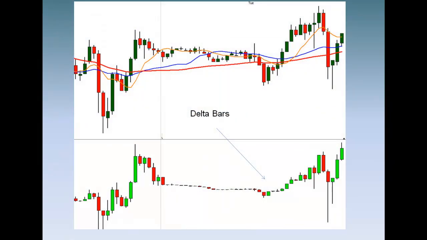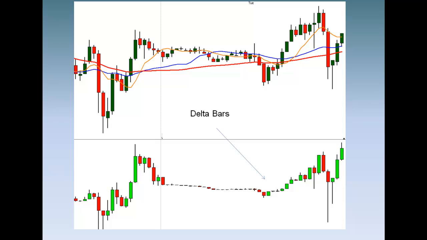One of the things that's been added that has really been wonderful are the delta bars. The delta bars basically take the concept of the delta, which is really the difference between the total traded volume at the bid and the total traded volume at the ask, and create for us candlesticks on that basis.